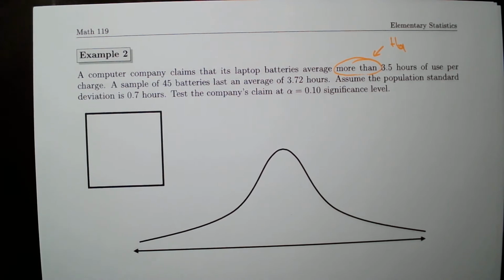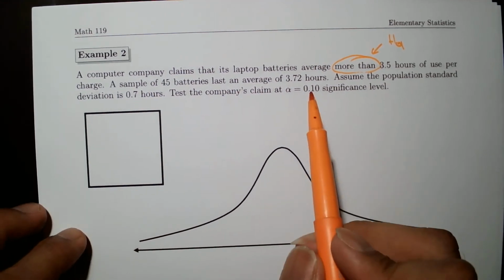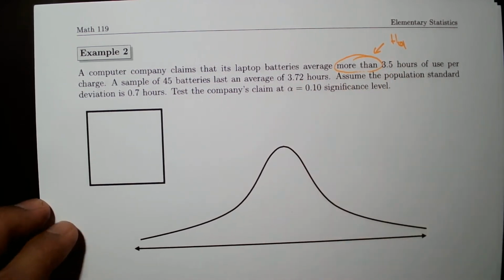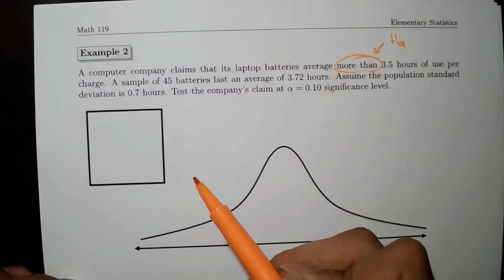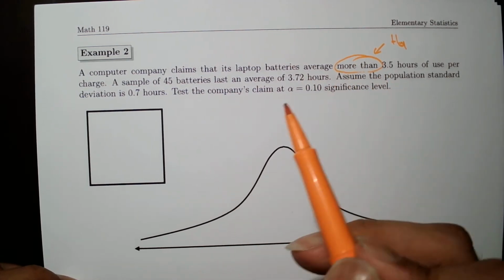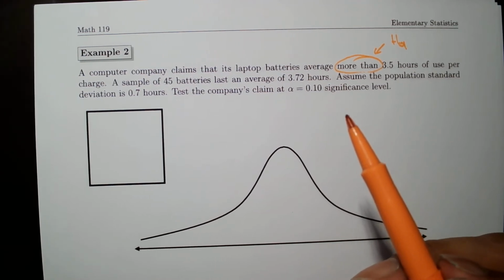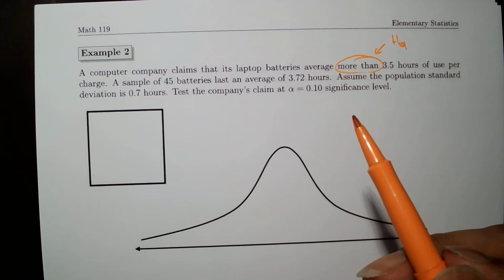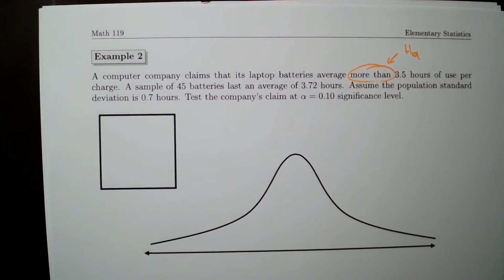A sample of 45 batteries lasts an average of 3.72 hours. That's more than 3.5 hours. But again, did you see what happened in the previous example? Having more than what is claimed or less than what is claimed doesn't prove anything. We need compelling statistical evidence in order to support our claim. And that's what we are going to do here.